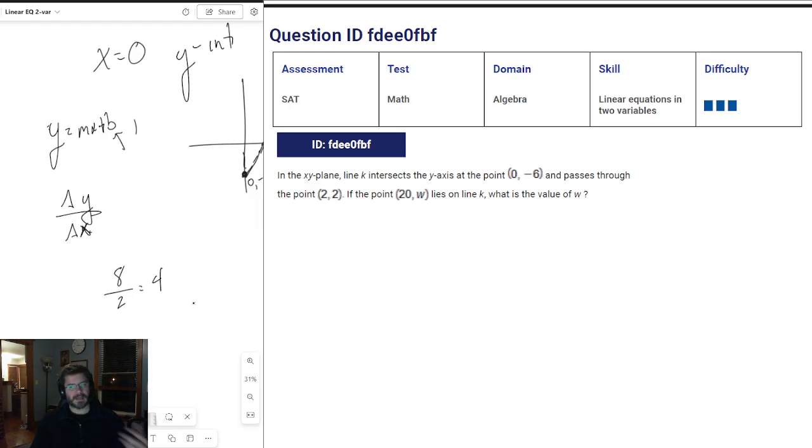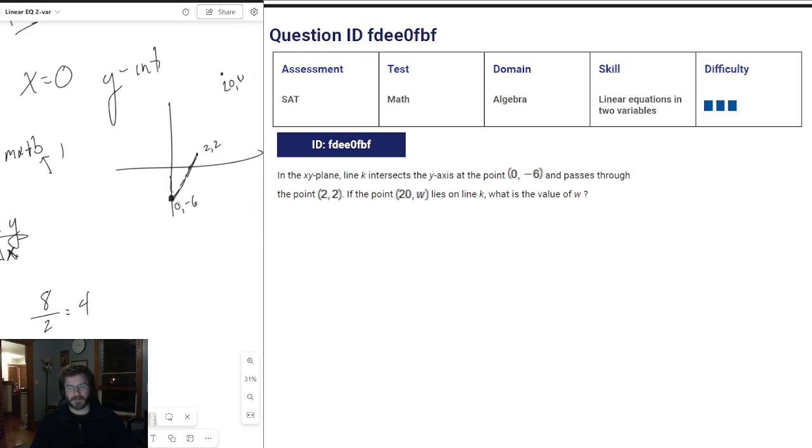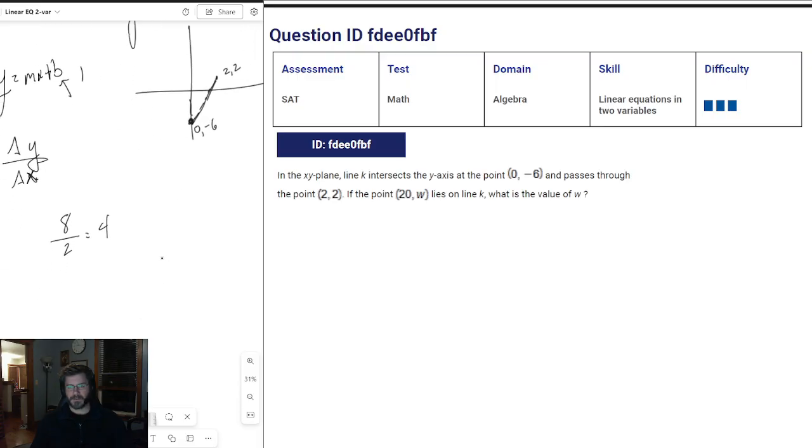And we noted that it's positive 4 because remember in our graph it was going up to the right. If you really want to be a stickler about it, you could say something like the change in y was -6 minus 2. And then, so if that's like y1 and this is y2, x1 is 0 and x2 is 2, so you could say that that's negative 8 over negative 2, but that's positive 4 anyway.